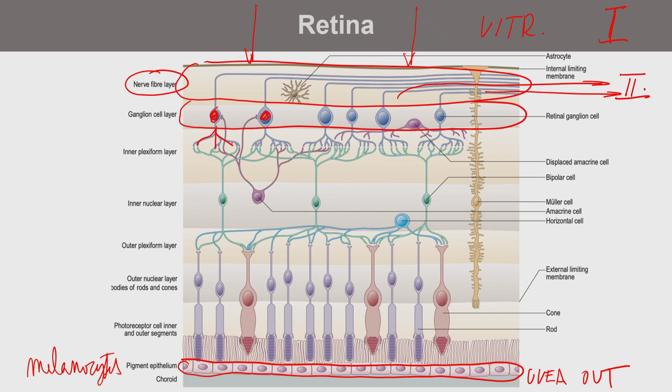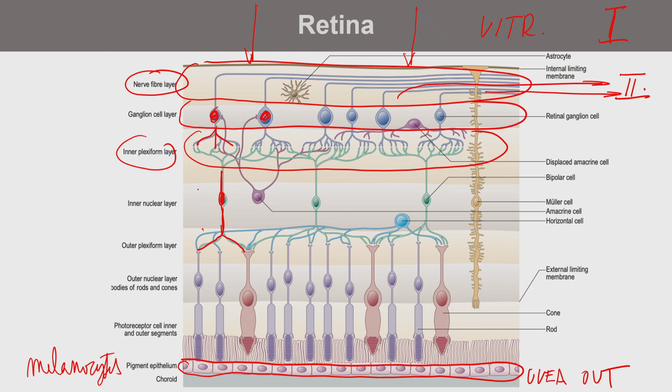They are taking information from interneurons, and then we have the internal plexiform layer. There are synapses between interneuron and ganglion cell. The bipolar neuron, interneuron, then connects the photoreceptors with ganglional cells.